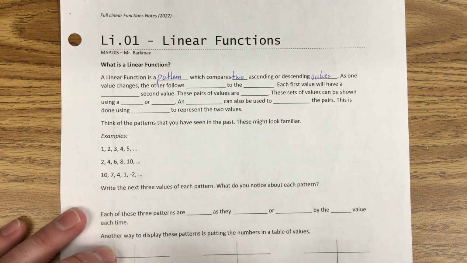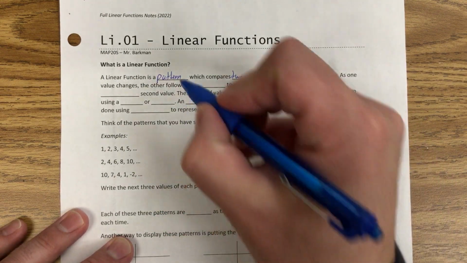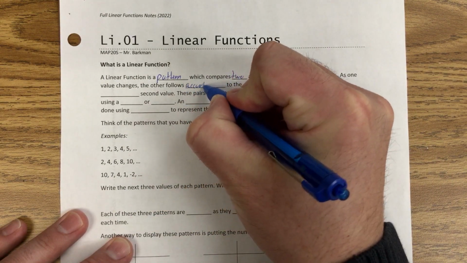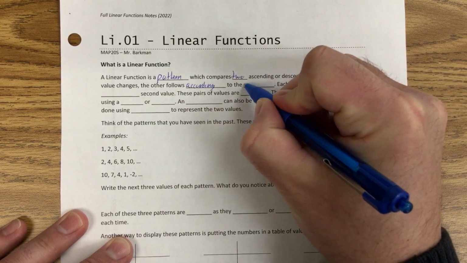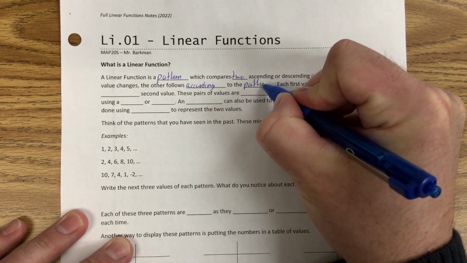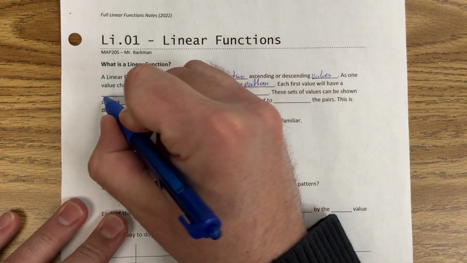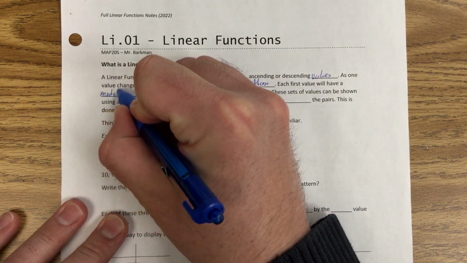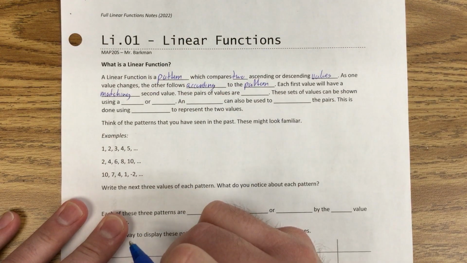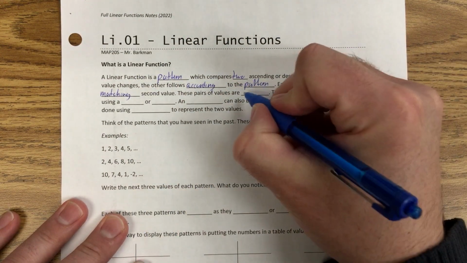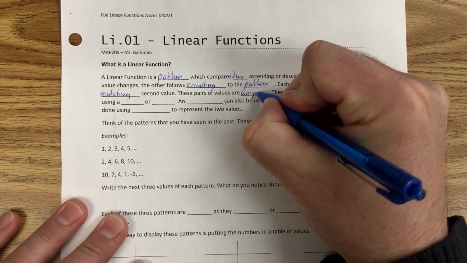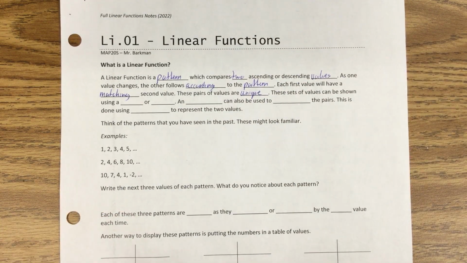Now, as one value is changing, the other follows according to the pattern. Each first value will have a matching second value, and these pairs of values are unique to that pattern.